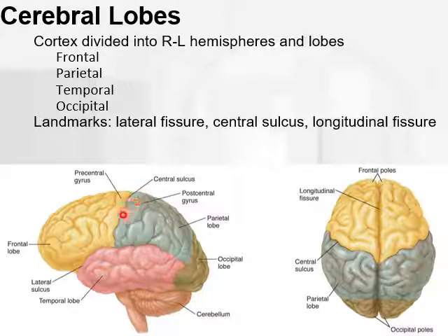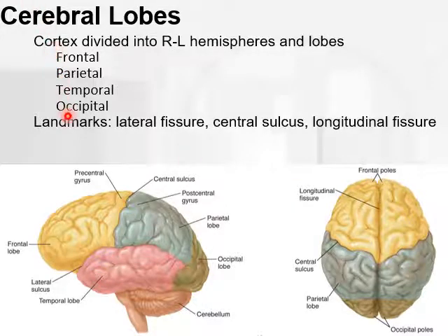This is the central sulcus, which separates the frontal lobe from the parietal lobe, and the lateral sulcus, which separates the frontal and parietal lobes superiorly from the temporal lobe inferiorly, and this is the longitudinal fissure, which separates the brain into right and left hemispheres.